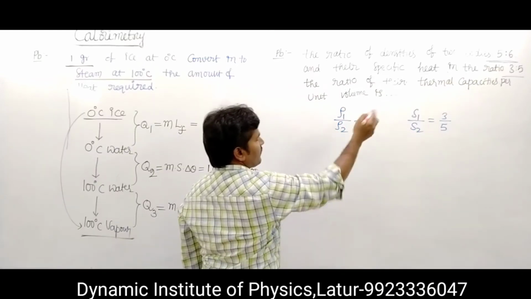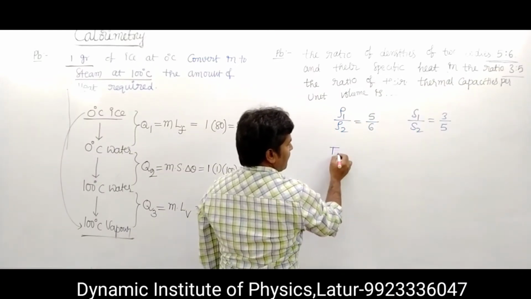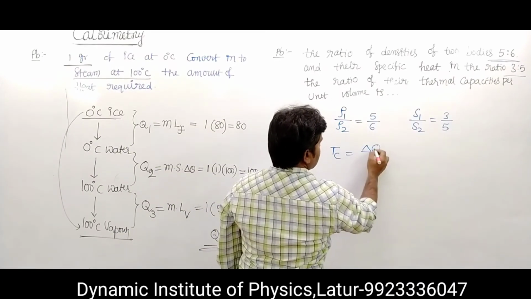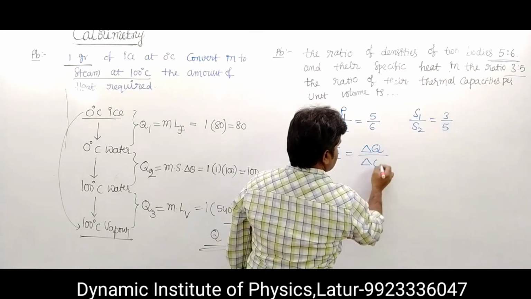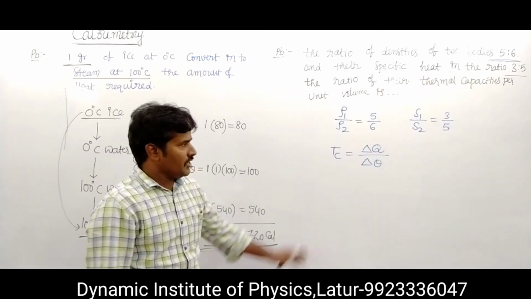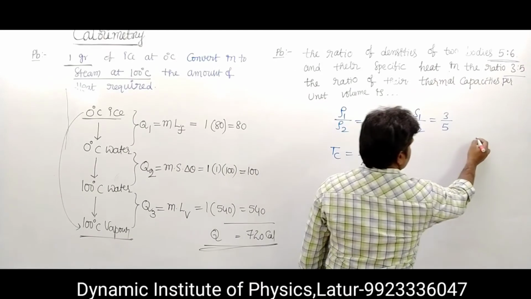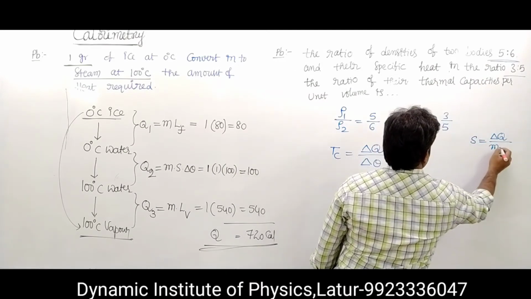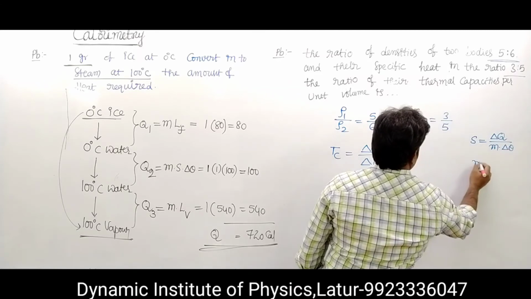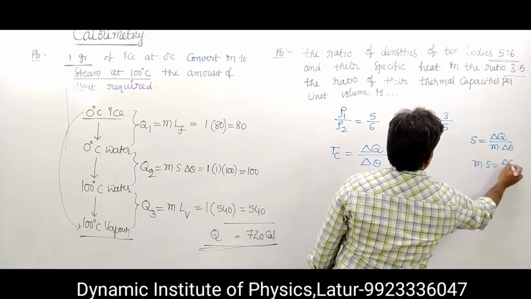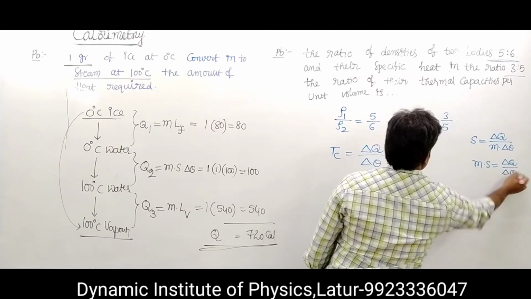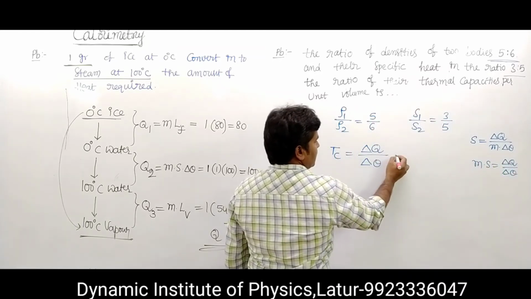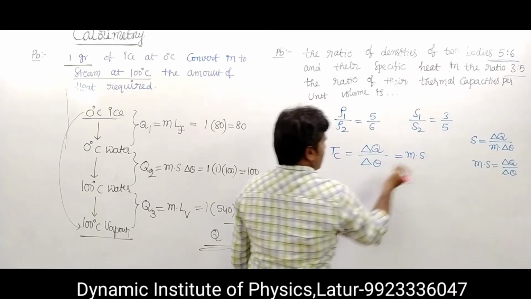We need the ratio of thermal capacity, which is delta Q upon delta theta. You know that specific heat is defined as S equals delta Q upon m delta theta. It is written as m into S equals delta Q upon delta theta, so delta Q by delta theta is nothing but m into S.